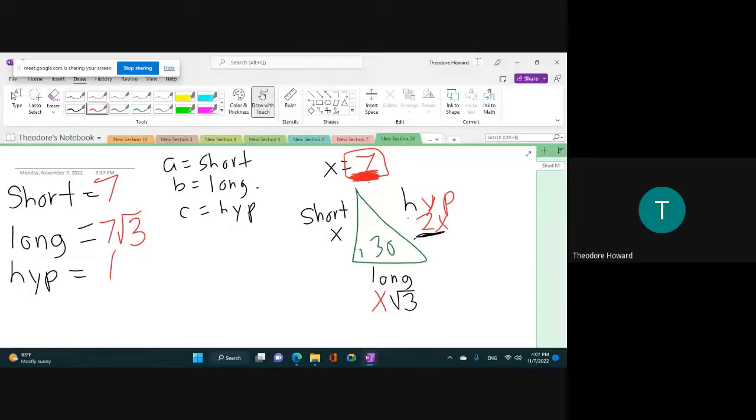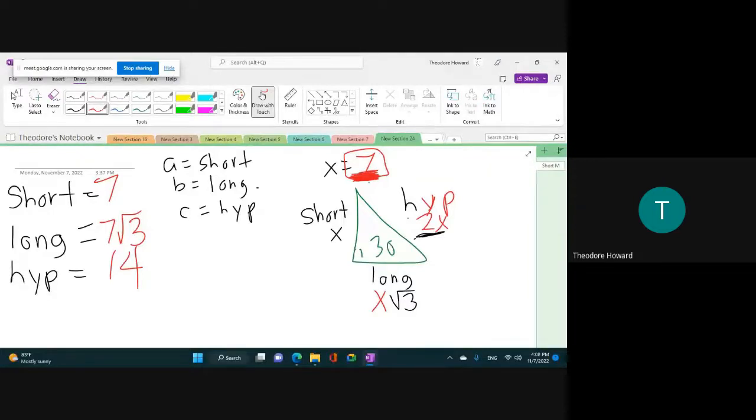If you want to take another picture of this, go right ahead. Everybody good?